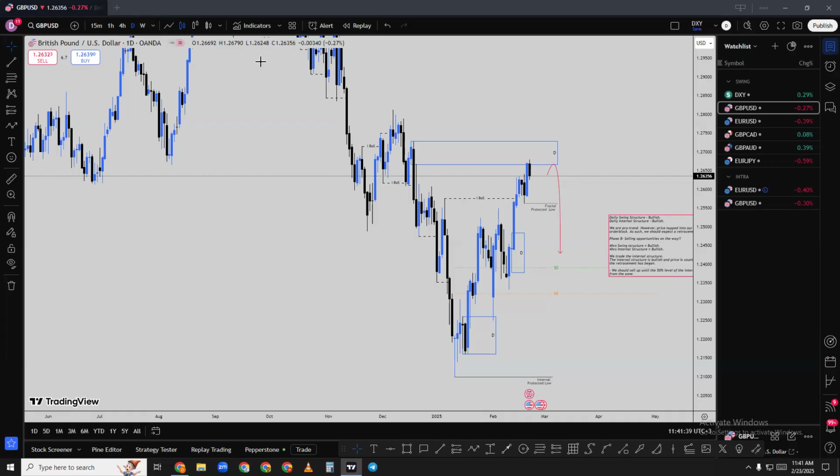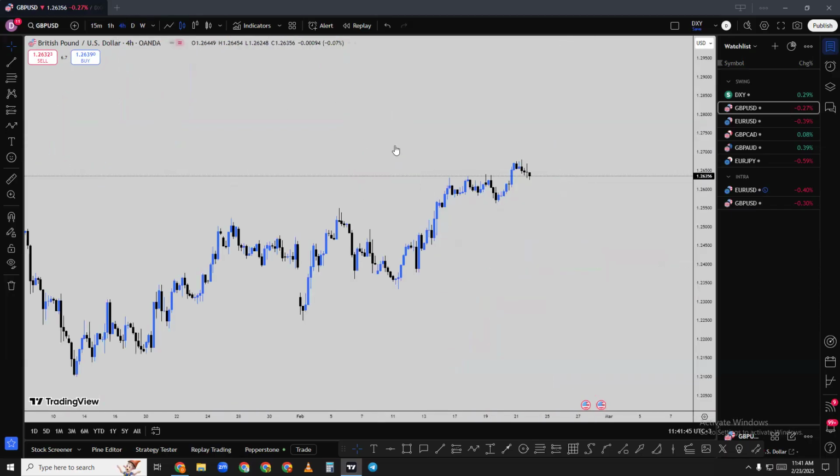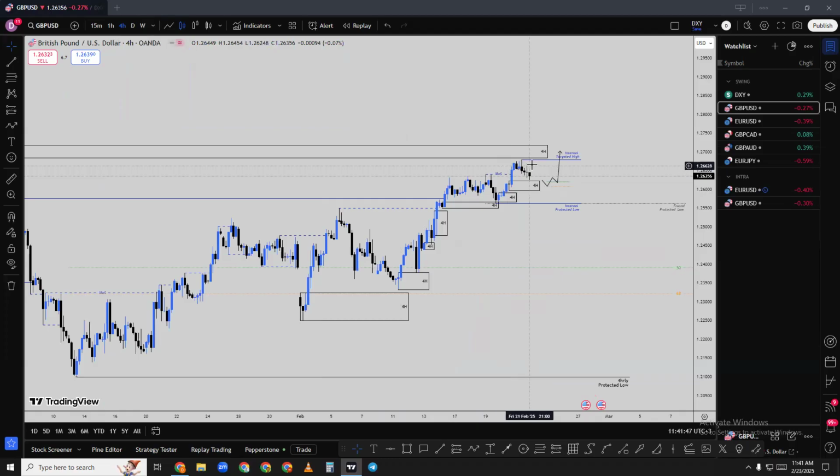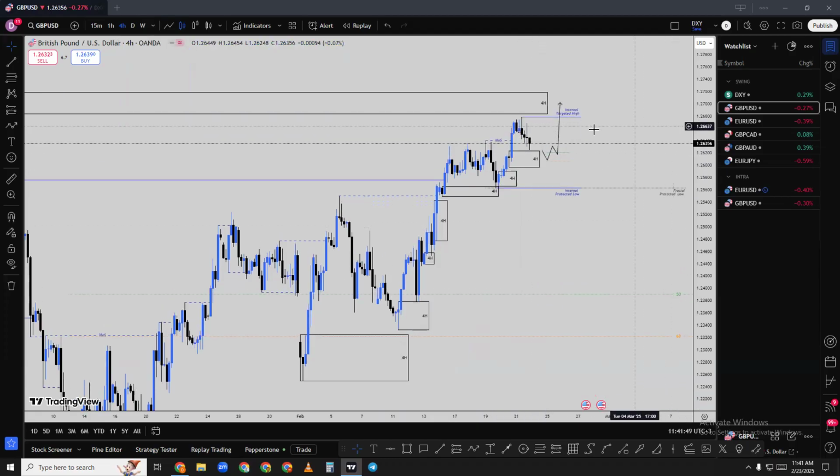The fact that we've tapped into the daily supply level means that going on now to the 4 hours, remember we've already tapped into that daily supply level. We may get that bearish momentum kicking in to break the internal protected low.